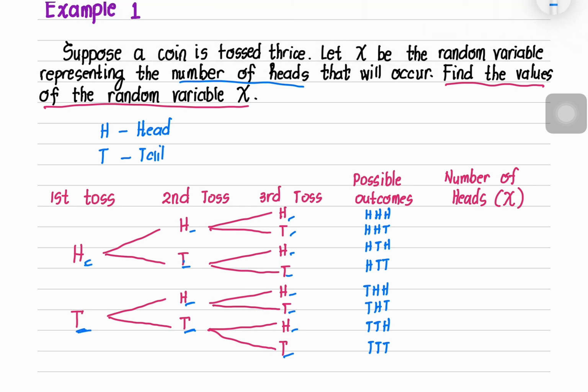So, we have H, H, H, no? Of course, we have 3. And then H, H, T. So, we have 2 heads, no? So, 2, and then 1, 1, 2, 1, 1. Of course, dito ay 0. Right? Okay. So, guys, dito, in the illustration above, random variable is represented by the uppercase letter.